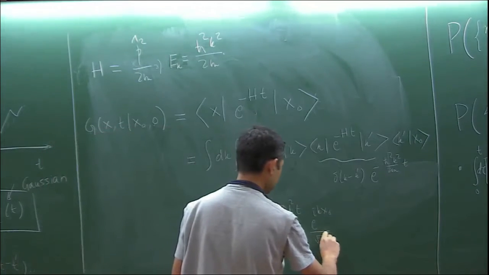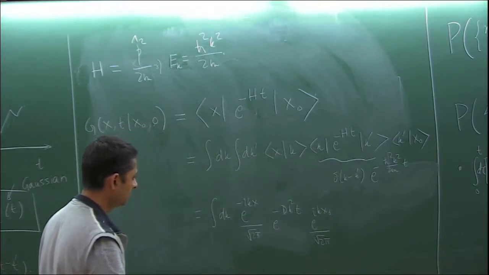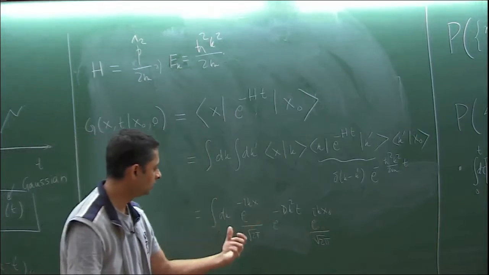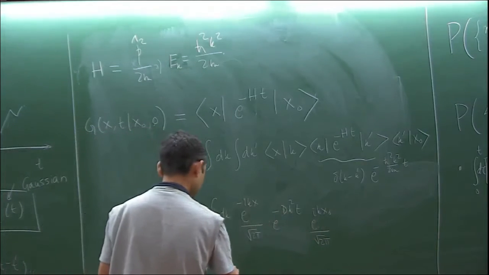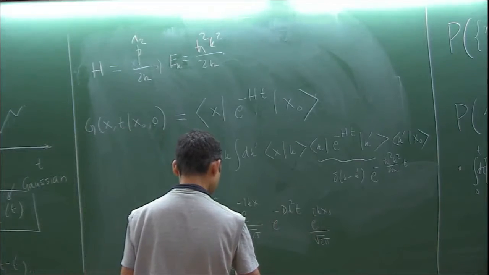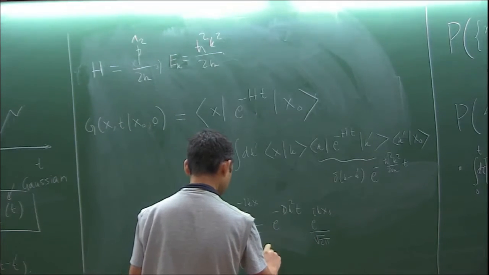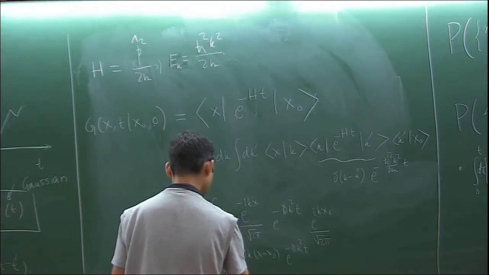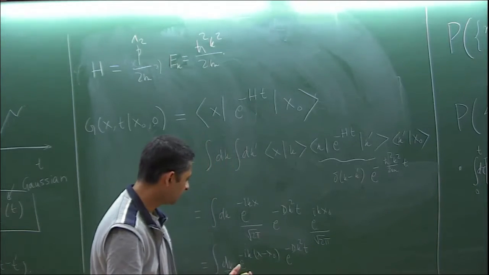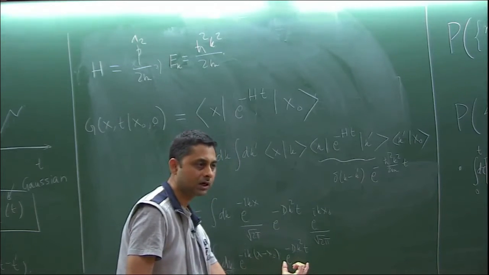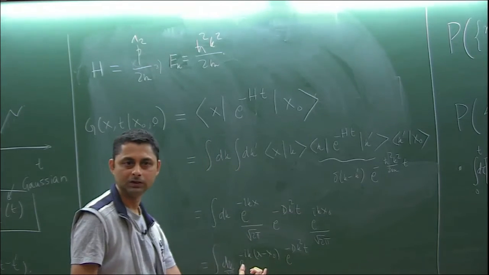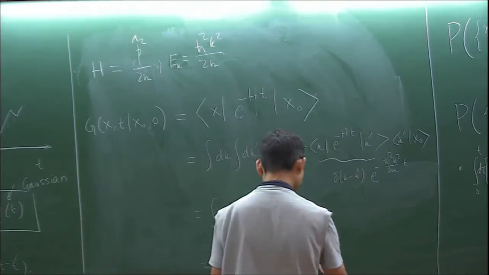Now you can do this integral, or you don't have to, because you already know it. This is dk e to the power minus ik (x minus x0) e to the power minus D k squared t. Yesterday we saw that this was the characteristic function for a Gaussian, and this is just the inverse Fourier transform.